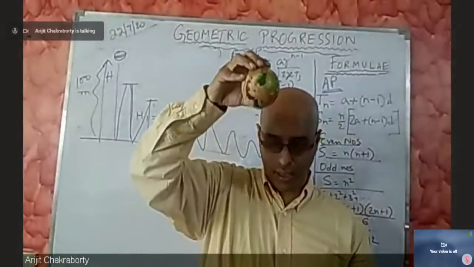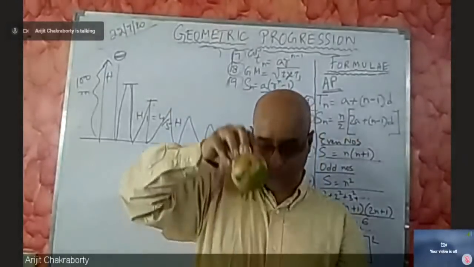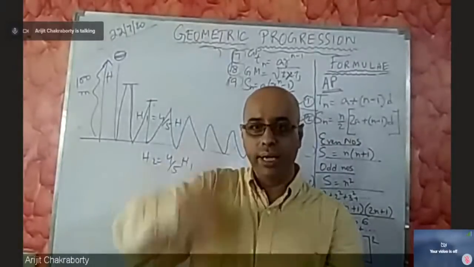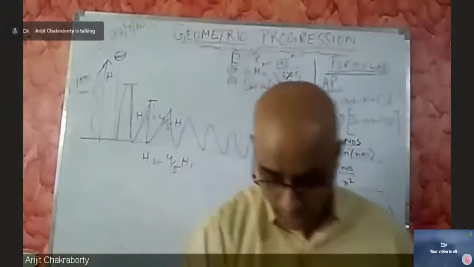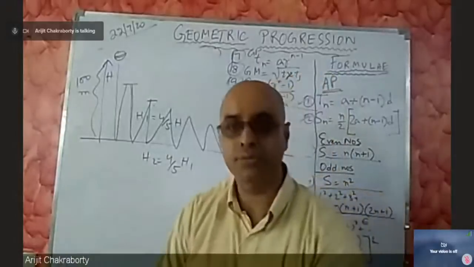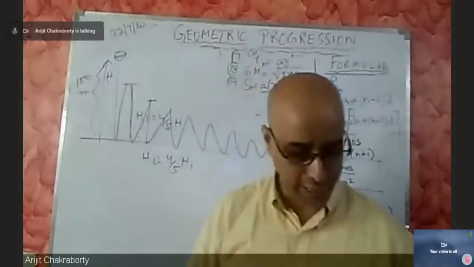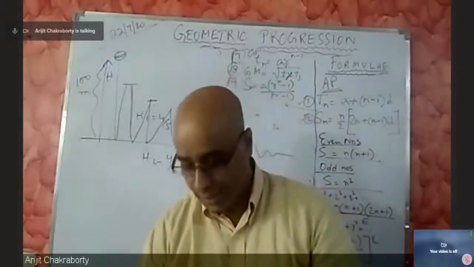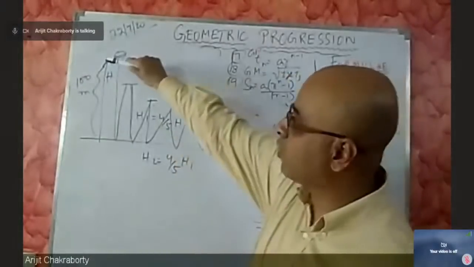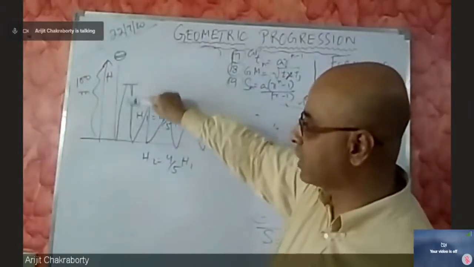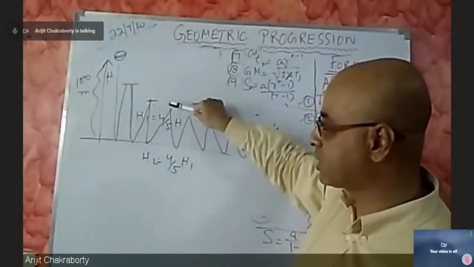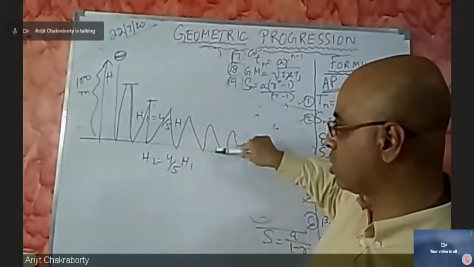I am dropping from here, it bounces up to 4/5, again it falls, again 4/5. In this way it will go on. I hope you get this problem. That's why you have some time to play also, and maths is fun.